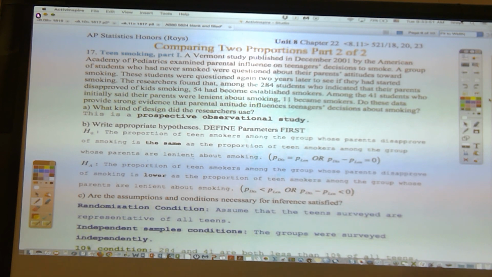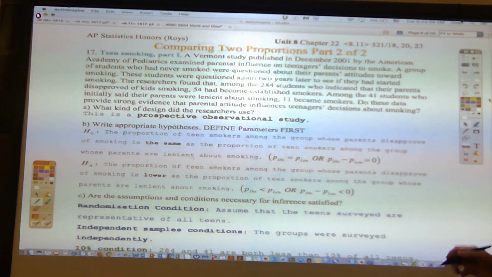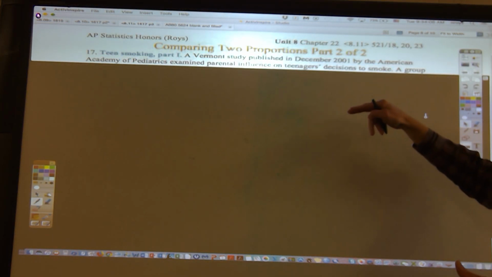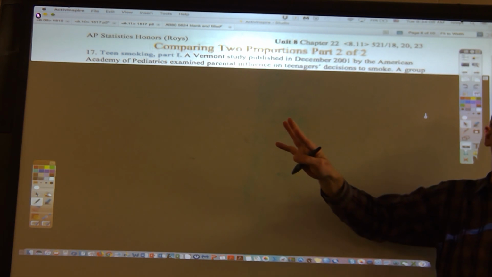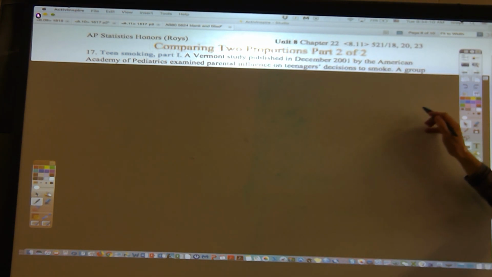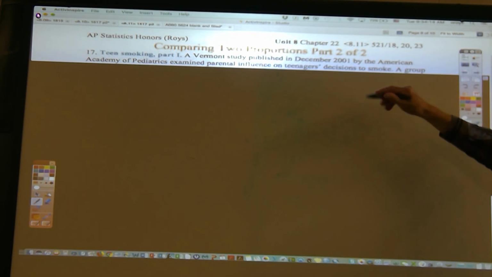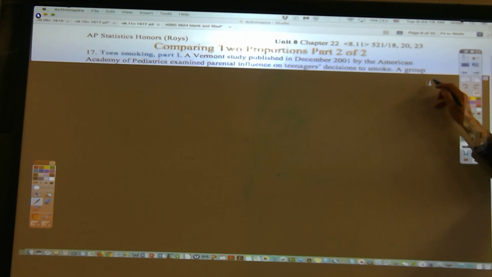Teen Smoking Part 1, a Vermont study published in December 2001 by the American Academy of Pediatrics examined parental influence on teenagers' decisions to smoke and or vape. If you just want to cross off the word smoke and write vape, that's fine with me. I'm not going to be personally offended, but you would be messing with reality because that's not what actually happened in Vermont back in 2001.